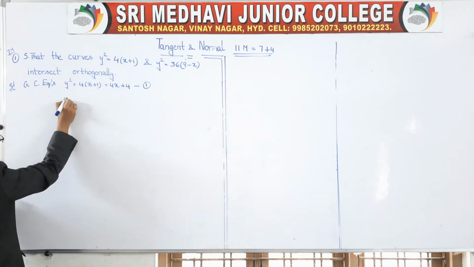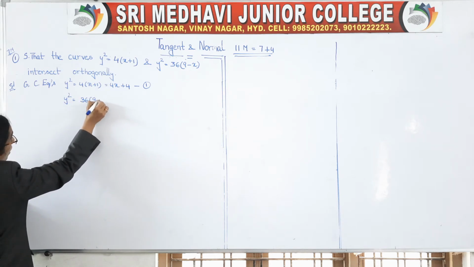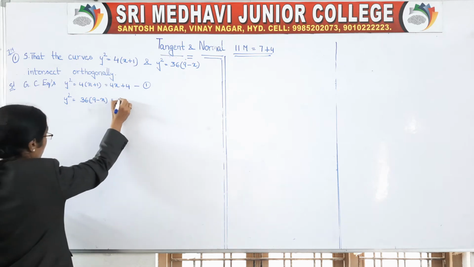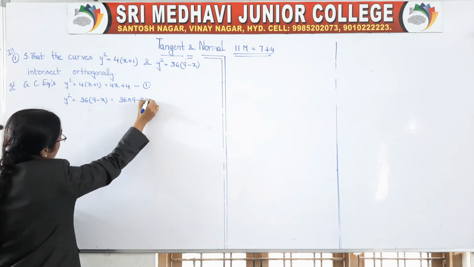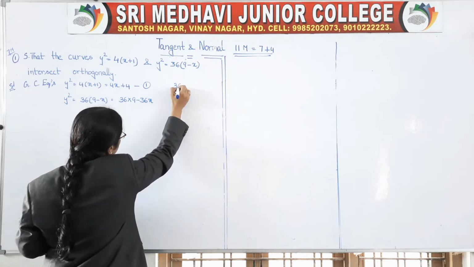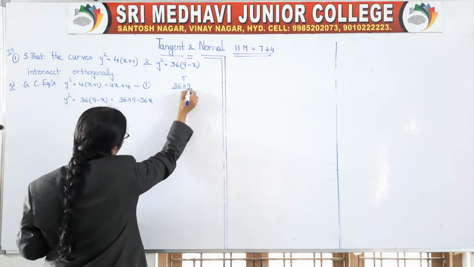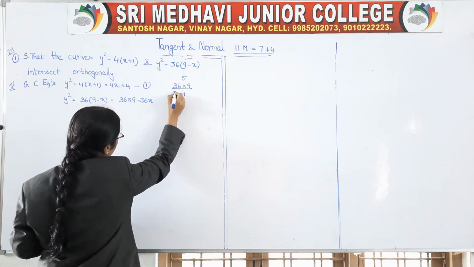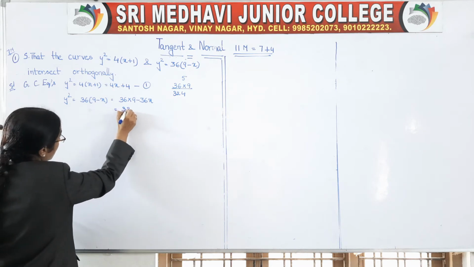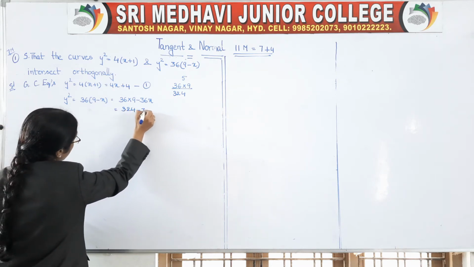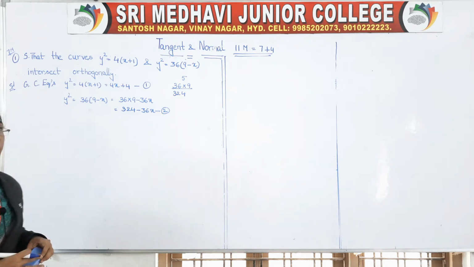And the second curve, y square is equal to 36 into 9 minus x. So 36 into 9, how much? 9 6s are 54, 9 3s are 27, that is 324. So we can write this as 324 minus 36x. This is your second curve equation.